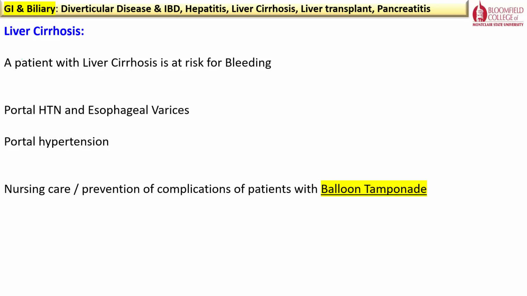When you read about the balloon, you will find that the balloon should be deflated every 8 to 12 hours. Otherwise, if the balloon stays inflated for a week or two, longer than 12 hours, that will put the mucous membranes at risk for necrosis.